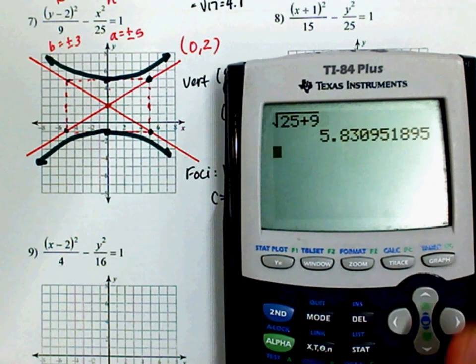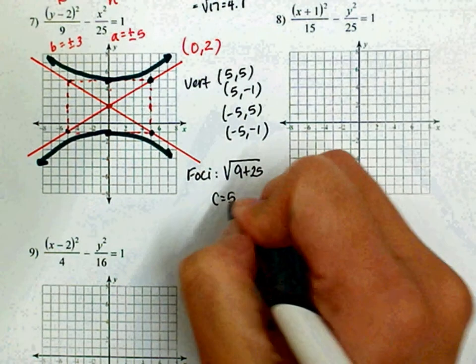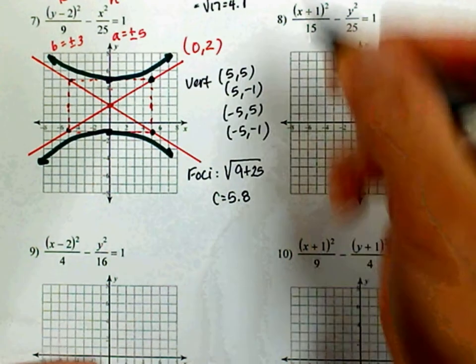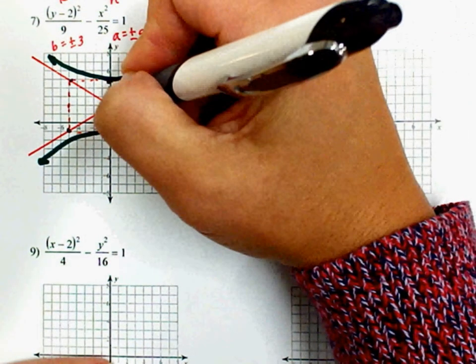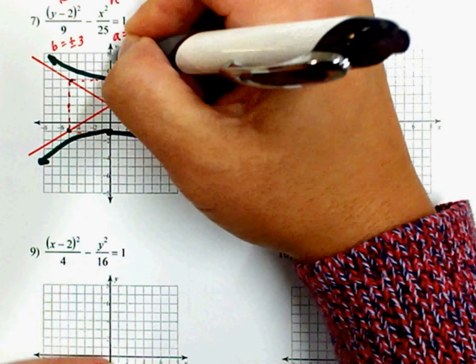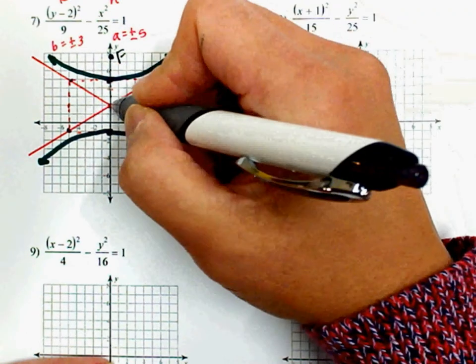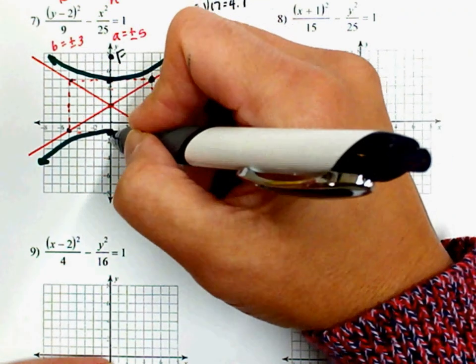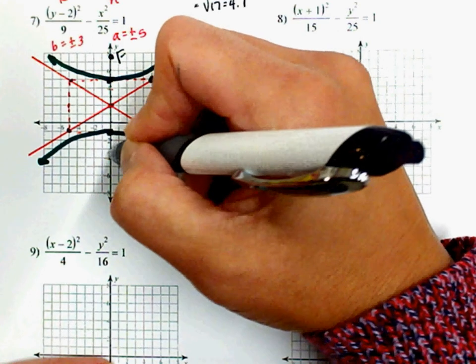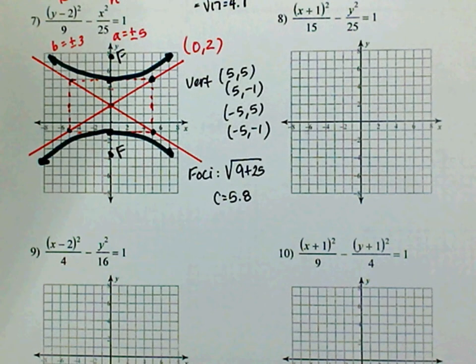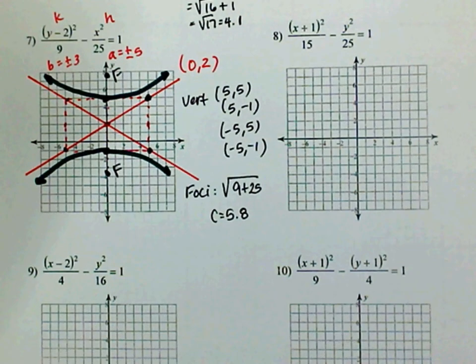Since it's going up and down, I'm going to go up 5.8 from your center. 1, 2, 3, 4, 5.8. There's your foci. Okay? And that's what you guys are going to have to do for number 7. Good luck. Thank you. All right.